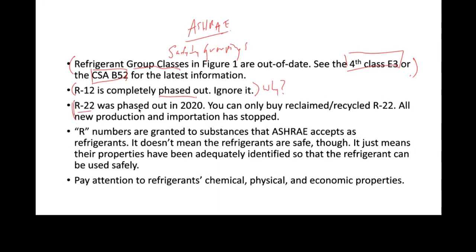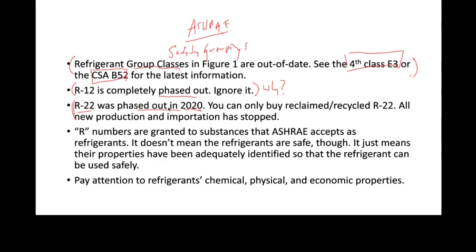Okay, let's go into R22. It was phased out in 2020. At the time the third class was written, it was facing a phase out, but finally that came about in 2020. So a year ago they phased out R22, which means that all new production of R22 has stopped. Number two, they can no longer trade R22, so you can't import or export R22.